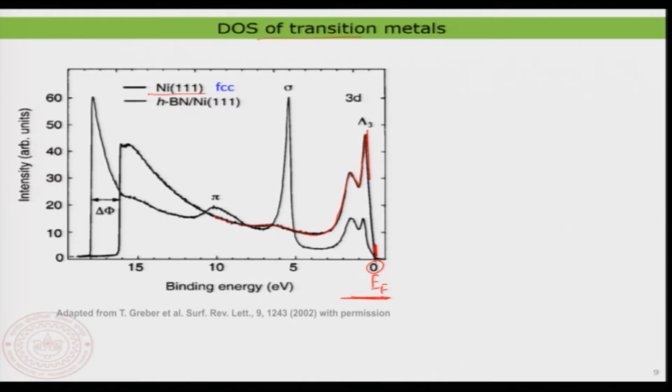Now you clearly see that nickel has a spiky density of state, which is due to its chemical nature, and that is an indicator that nickel is going to be much more reactive than a gold 111 surface, which, as you have already seen, has no spiky density of state near the Fermi energy. For most catalytic materials, the density of state near the Fermi energy is much more corrugated than the flat density in the gold 111 case, or gold in general.